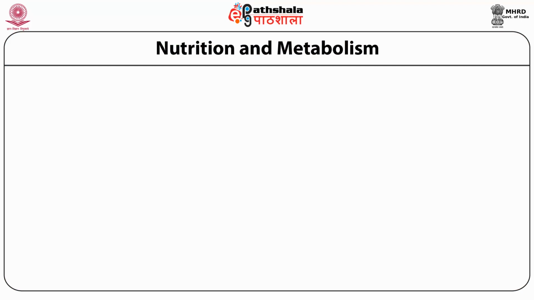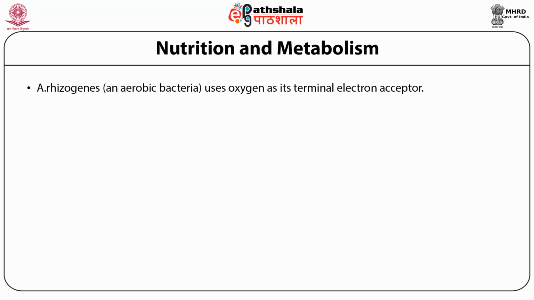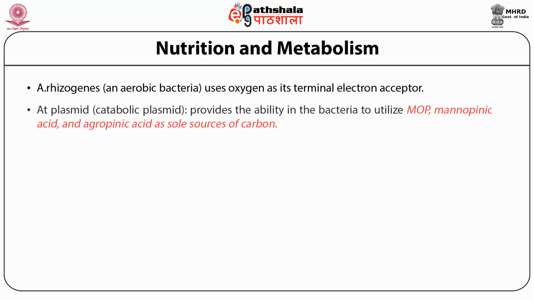We focus on the nutrition and metabolic part of this bacterium. We see that this bacterium uses oxygen as an electron acceptor. The At plasmid gives the bacterium the ability to utilize mannopinic acid and agropinic acid as a sole source of carbon.